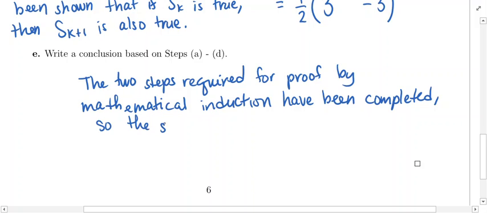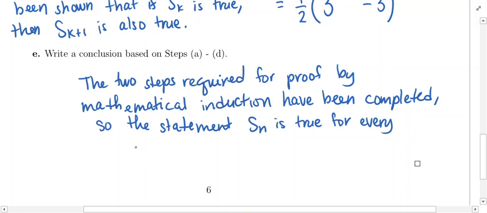So the statement S_n is true for every counting number. The proof is done.